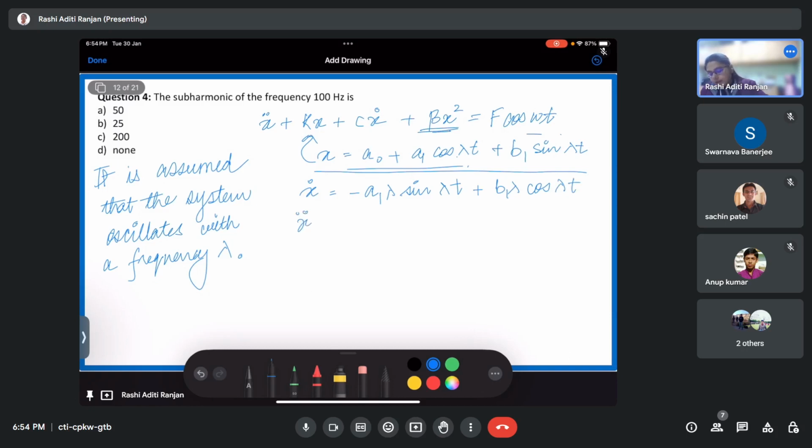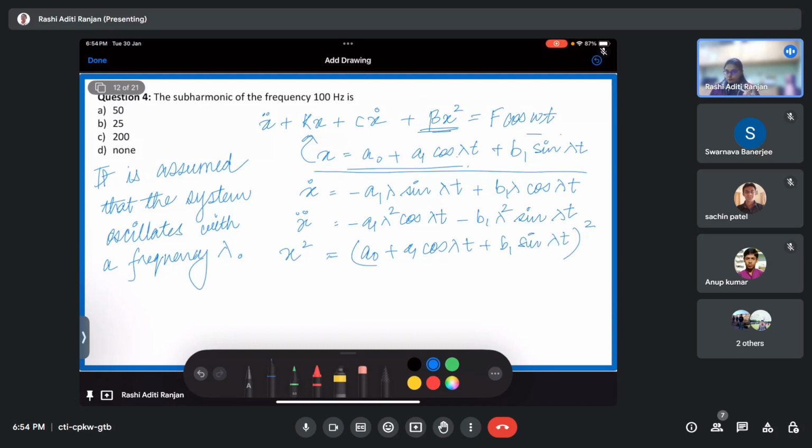Differentiating again to get x double dot, we'll get minus a1 lambda square cos of lambda t minus b1 lambda square sine of lambda t. Correct? Apart from that, what else remains? x square, which will be equal to a0 plus a1 cos of lambda t plus b1 sine of lambda t, whole square.